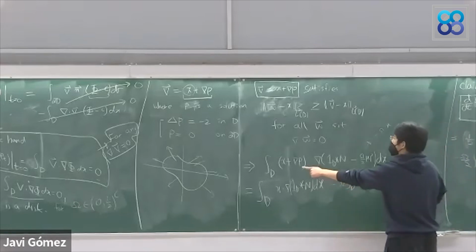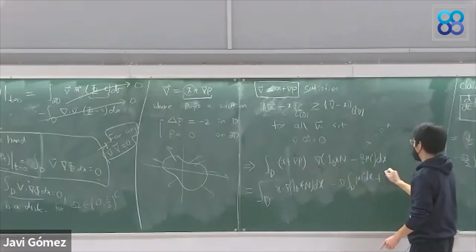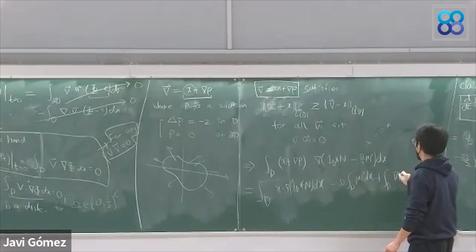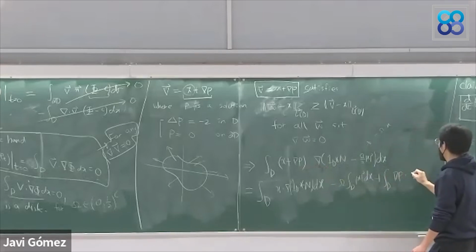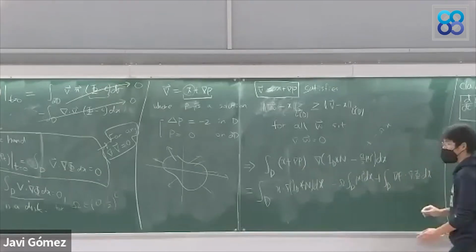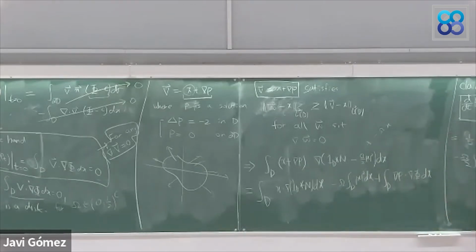And now we have the rest: P times gravity. I didn't do anything complicated, I just did the distribution of the terms.